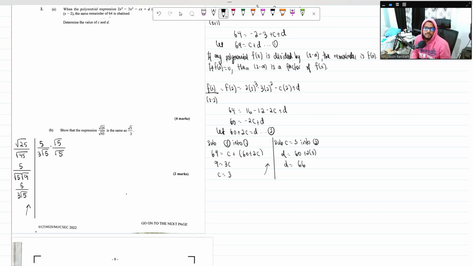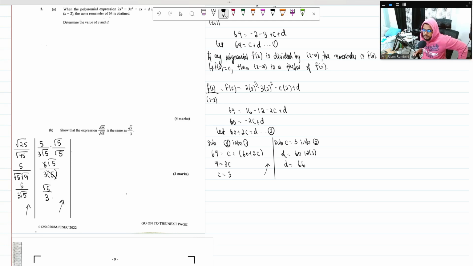The top I get 5 root 5. The bottom I get 3 root 5 by root 5, which is 3 multiplied by 5. The 5 cancels with the 5, and I get root 5 over 3, and I'm done. So I didn't use much space here. If I had more, I would have just gone up and done more.